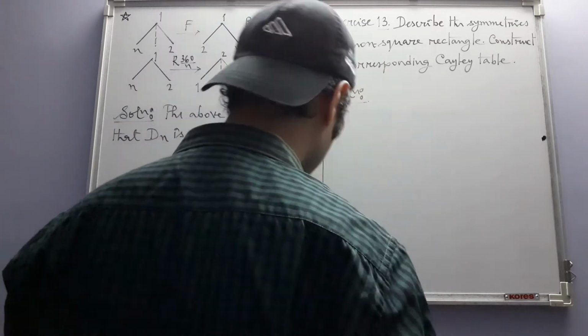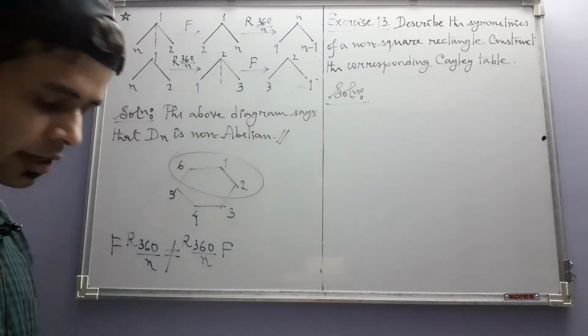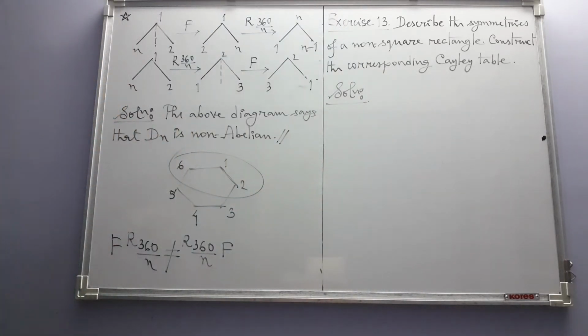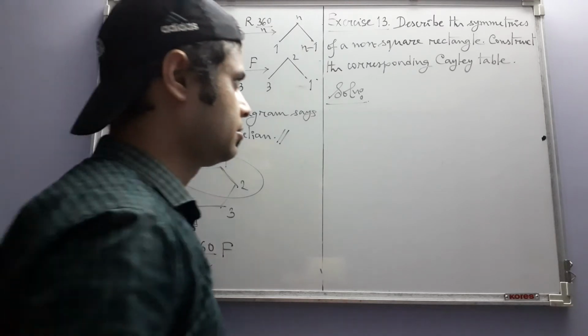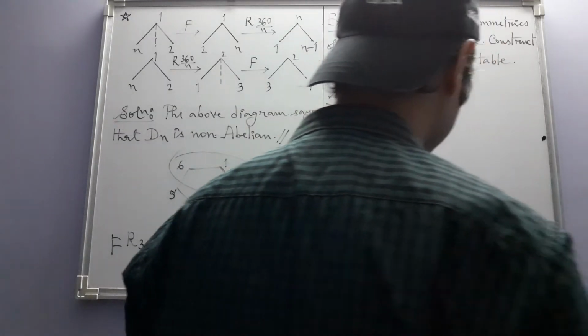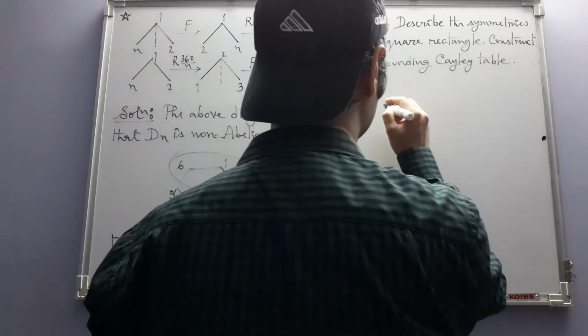A non-square rectangle. So let me just draw the figures, and then we will see why they are the only symmetries.